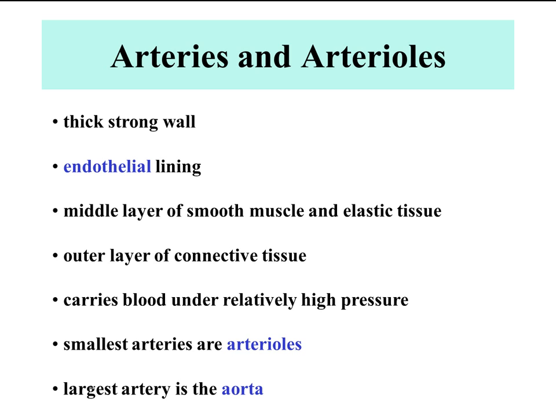Simple means one layer of cells. Squamous is the shape of the cell; it's sort of flattened. Epithelial tissue usually lines organs. In this case, it lines the inside of the arteries and arterioles. One simple layer of cells.